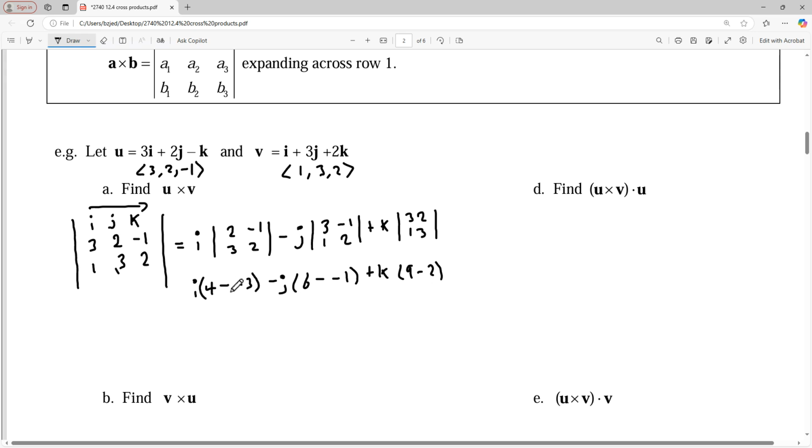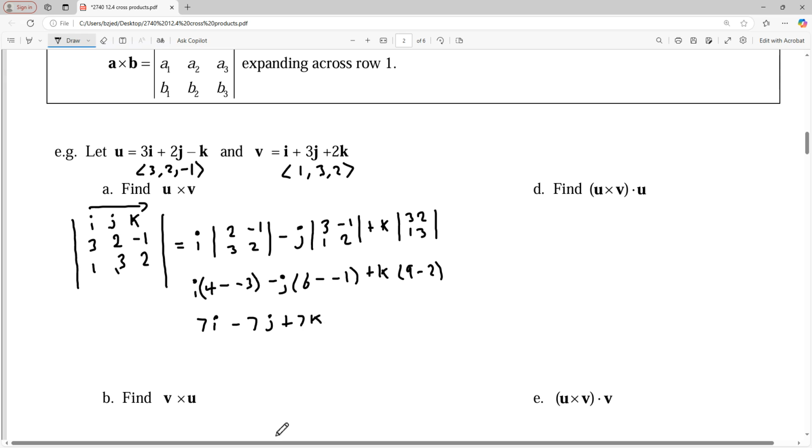I'm left with, this will be 4 minus -3 is 7, so I have 7i. Here I have 6 minus -1 is 7, but there's a negative out front, so it's going to be minus 7j. And now I have 9 minus 2, which is 7, so I have plus 7k.